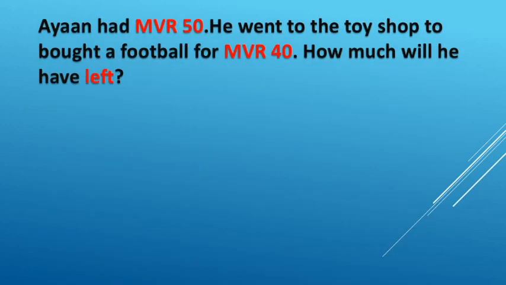Now teacher is going to explain money left over. So this means you have to subtract. Ayan had 50 rupiah. He went to the toy shop and bought a football for 40 rupiah. How much will he have left?